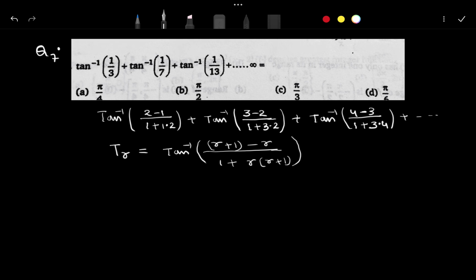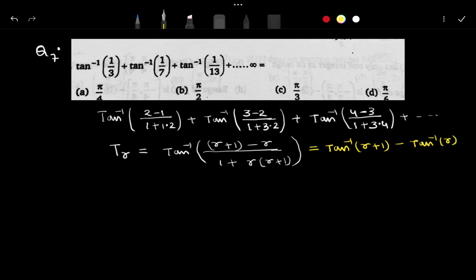So it is 100% the correct general term. Now this expression is in the form of tan inverse of x minus y by 1 plus x into y. Now you can write this as tan inverse of x minus y. So this value will be tan inverse of r plus 1 minus tan inverse of r.